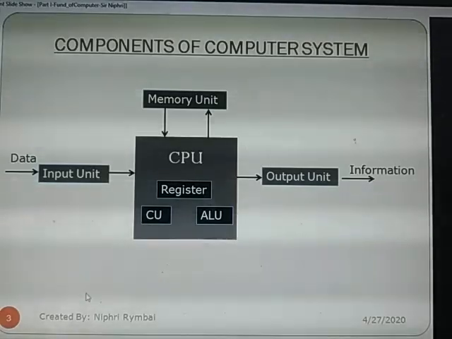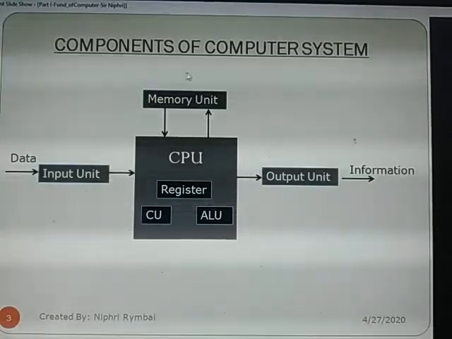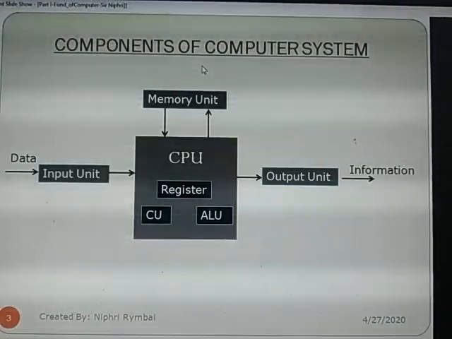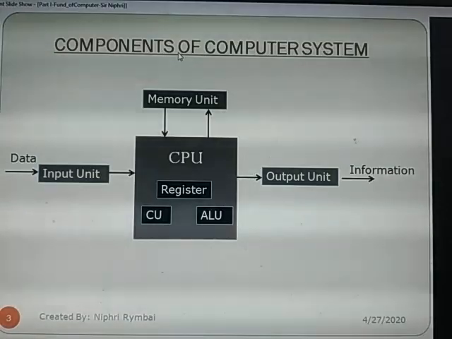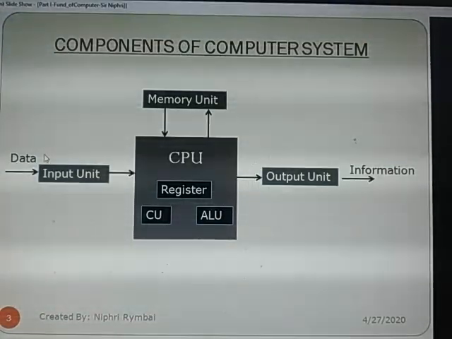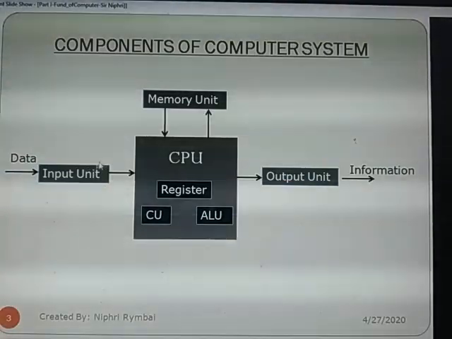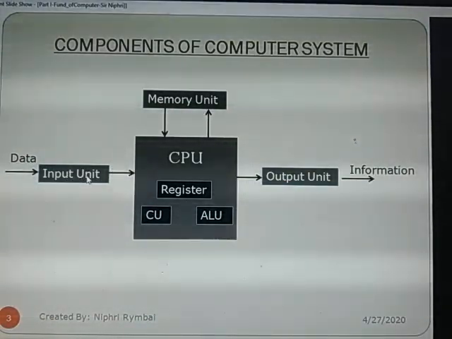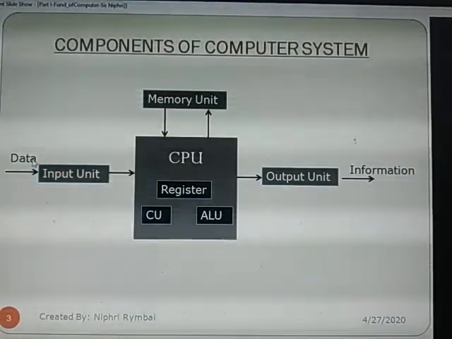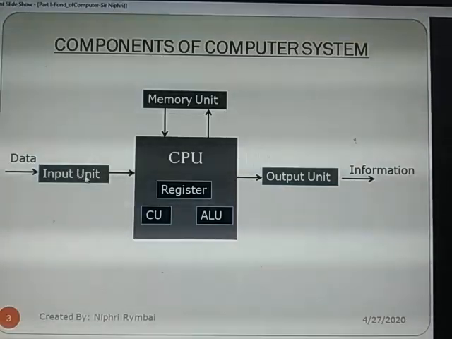Next, this diagram will help us understand the elements which make up the computer system. There are four main elements which make up the computer system. The first one is the input unit, which accepts data from the user, like keyboard and mouse.